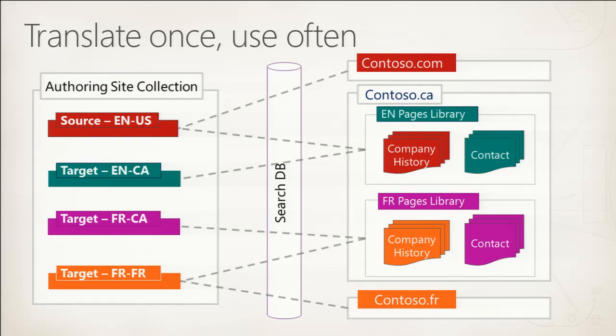So the way we break up the XLIF is actually mapped back to the way SharePoint is structured. So for every field, you get a different trans unit. And within each trans unit, you'll have a source and a target if it has been previously translated. So you might have things like the page title, which is max 255 characters, and you would have a single source, single target. Pretty straightforward.